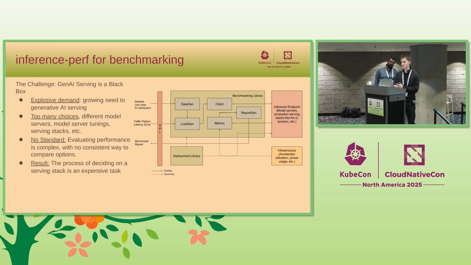Your load generation is responsible for determining the URL of the production stack or the model server that you want to test. It also helps configure the request times and wait times based on the load pattern that you specify, and then also metrics collection. And then finally, we have an API for report generation, so you can specify the granularity of the reports that you get back.